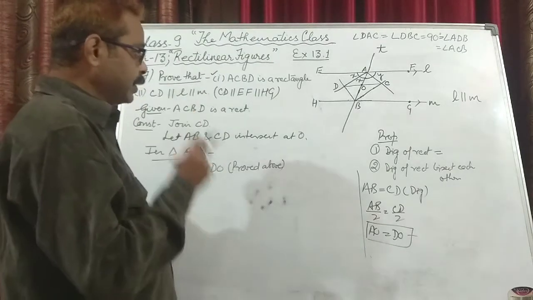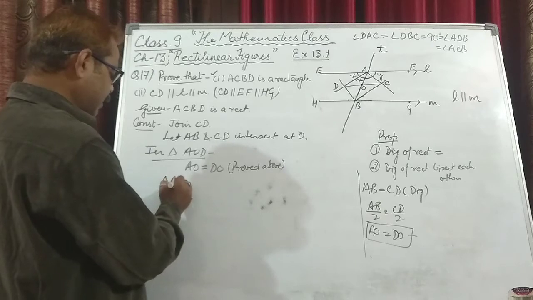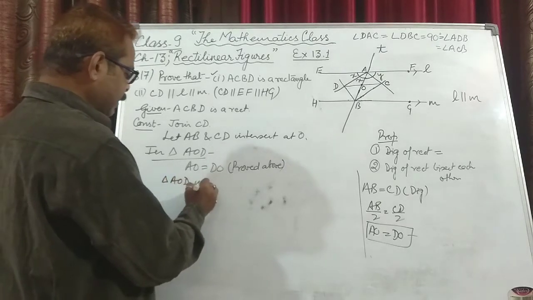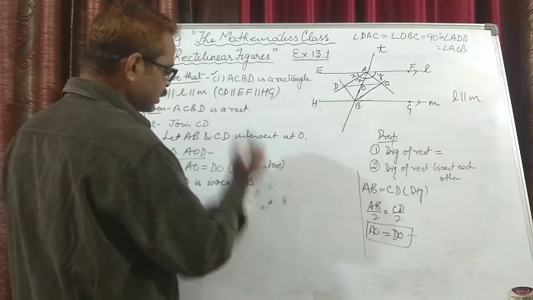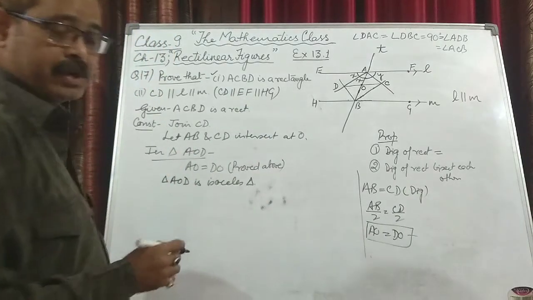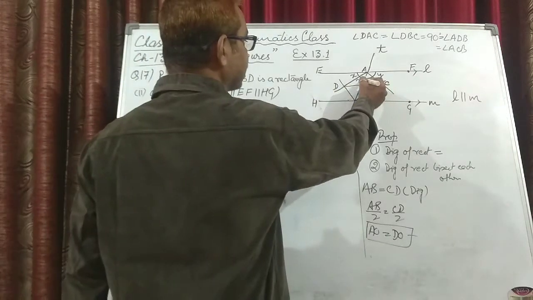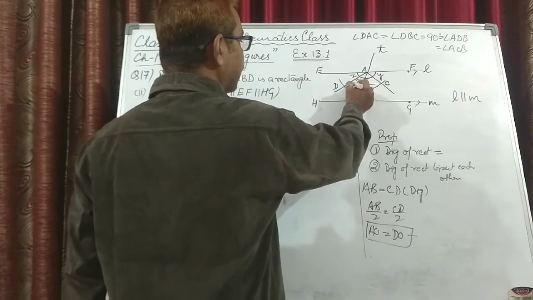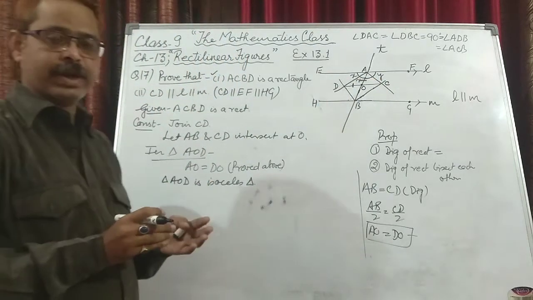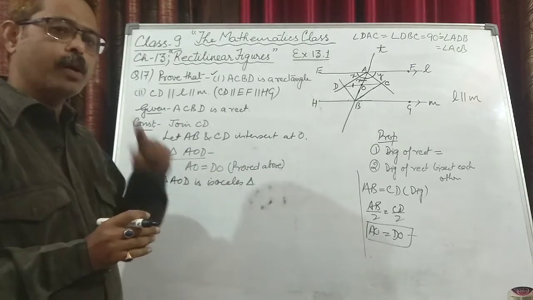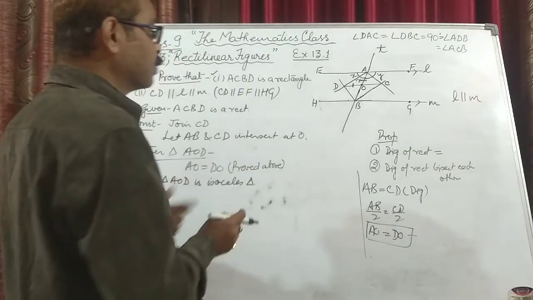When AO and DO are equal, it means that triangle AOD is isosceles. An isosceles triangle means one whose two sides are equal. And I have proved that this side AO and this side DO are equal. We know that in isosceles triangles, angles opposite to equal sides are also equal.